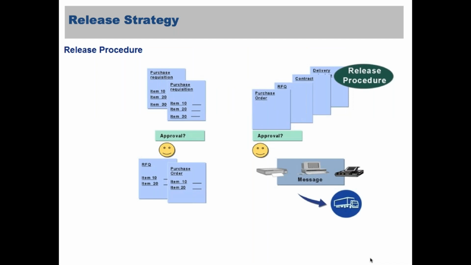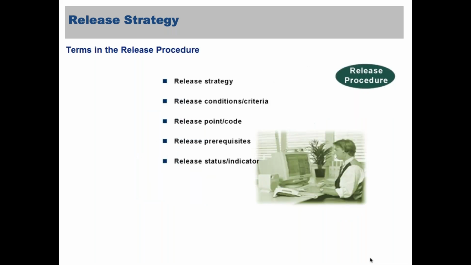So a release procedure will actually control, that's what we were talking about, whether an approval process needs to be triggered or kick in. That will depend on the release procedures that you are setting up. When you talk about the release procedure, it has a release strategy, release conditions or prerequisite criteria, release points or codes for how many levels it should be released at, and release indicators.